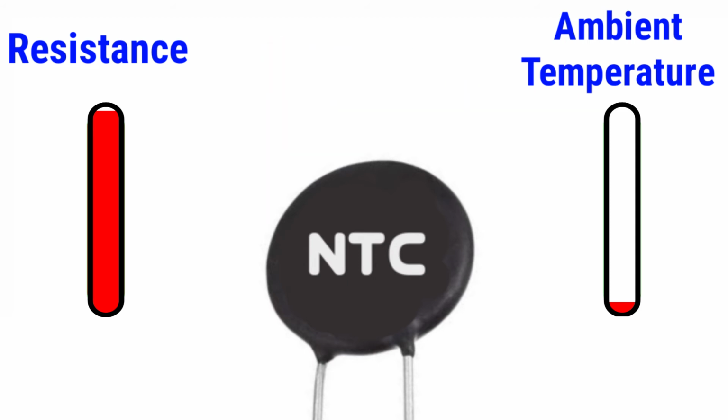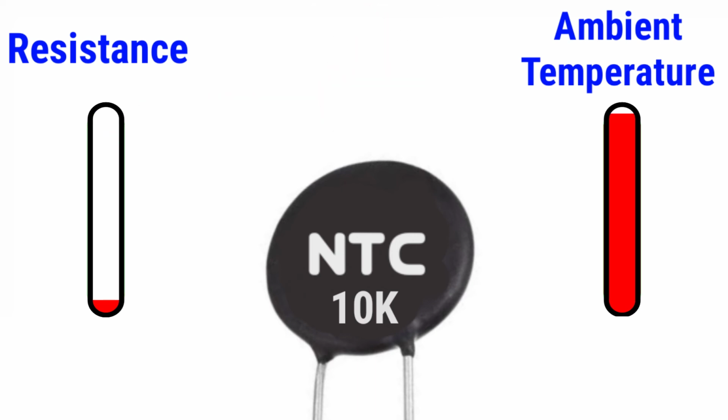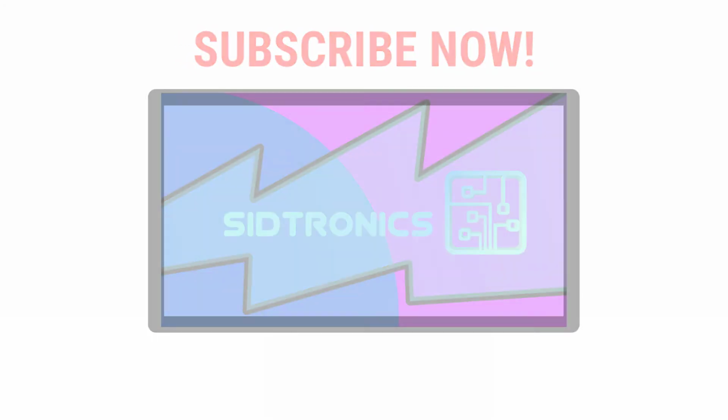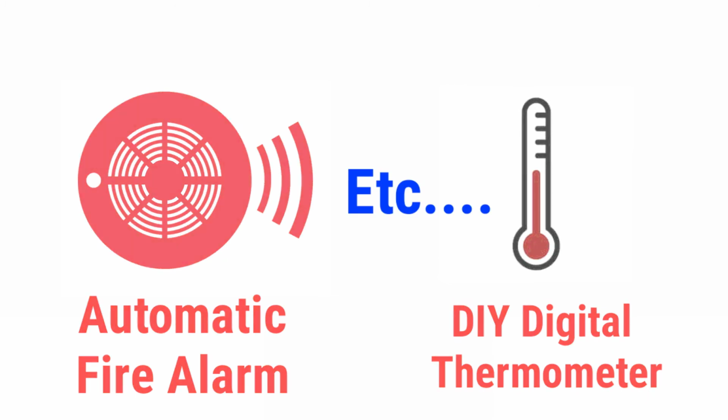For example, if this thermistor is 10 kilo-ohm, then at low ambient temperature, its resistance would be around 10 kilo-ohm. Its resistance will drop with increasing ambient temperature. This property makes them extremely useful in various electronic projects, such as fire alarms, DIY thermometers, etc.